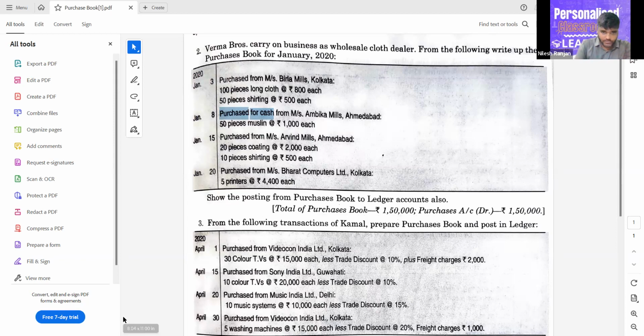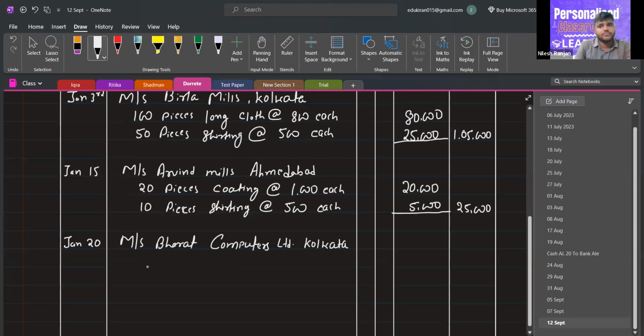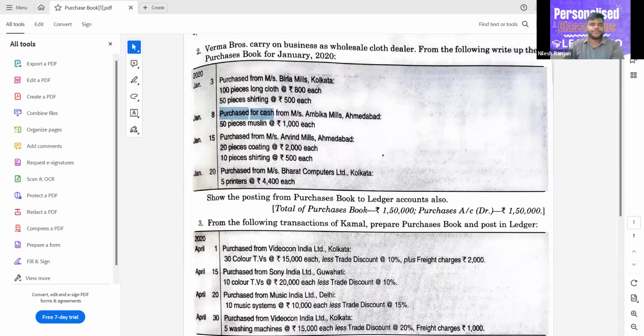So, will we write it here? We should write it here or not? We should write it here, sir. Why? Because we are purchasing it. Yes, sir. It can be a cash transaction.